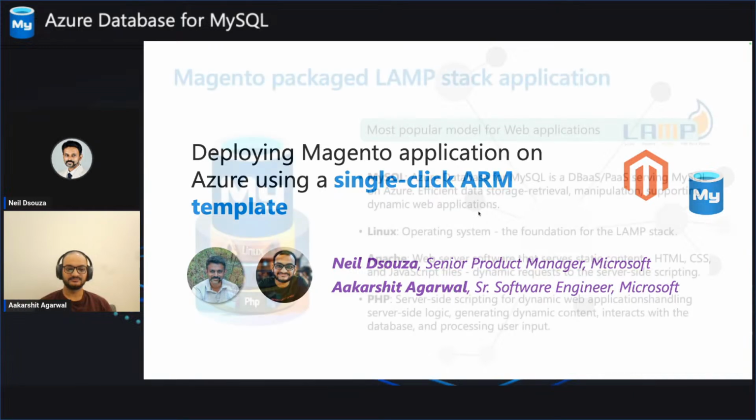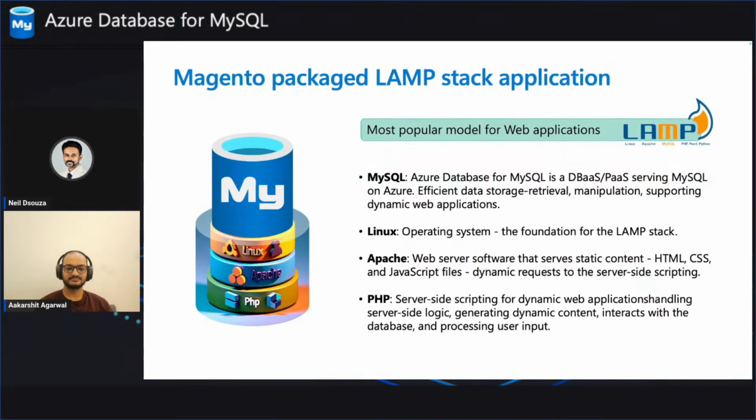Thank you, Shreya. So I'll start with the initial part here. Magento is built on the LAMP stack, which is the most popular stack in the open source web application area, where the primary components are Linux as the operating system, Apache as the web server, PHP, the language the web application is built on, and MySQL as the relational database, which is also open source.